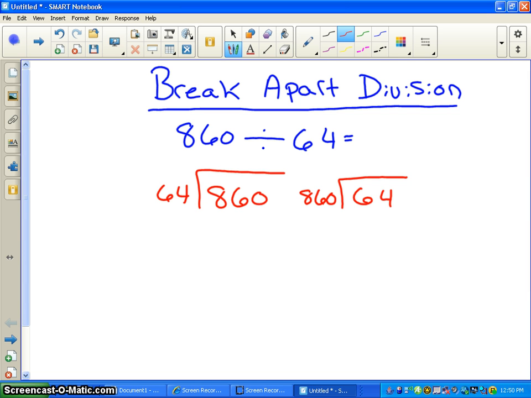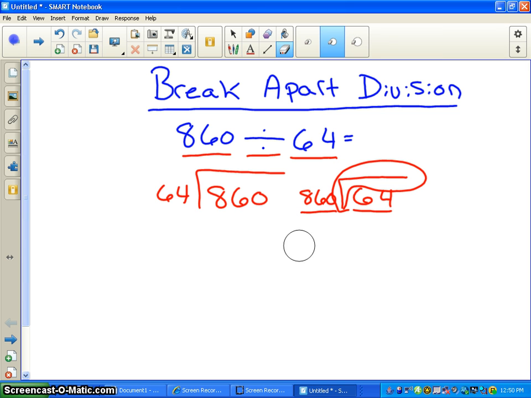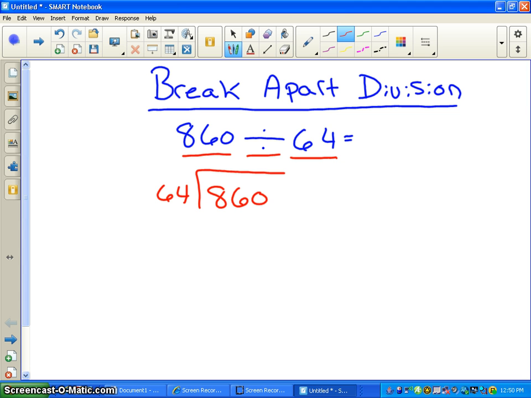And those two problems are very different. What it's asking us is 860 divided by 64, not 64 divided by 860. So I'm going to erase this and get back to our problem.